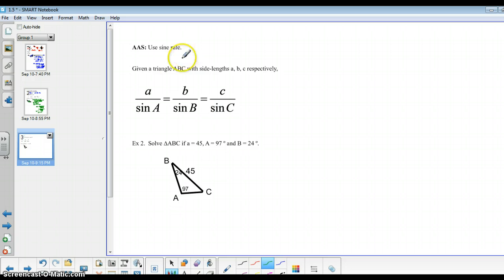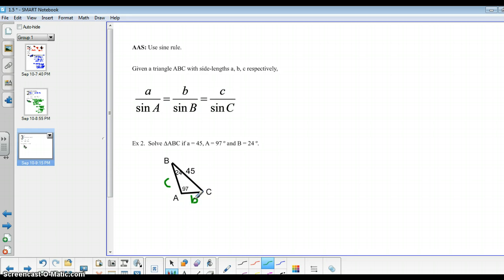Remembering what the sine rule is, it's A over sine A equals B over sine B equals C over sine C. And also remembering how that relationship works, remember that the side of A will be opposite that angle A. Our side of C will be opposite that angle C. And our side of B will be opposite of our angle B.